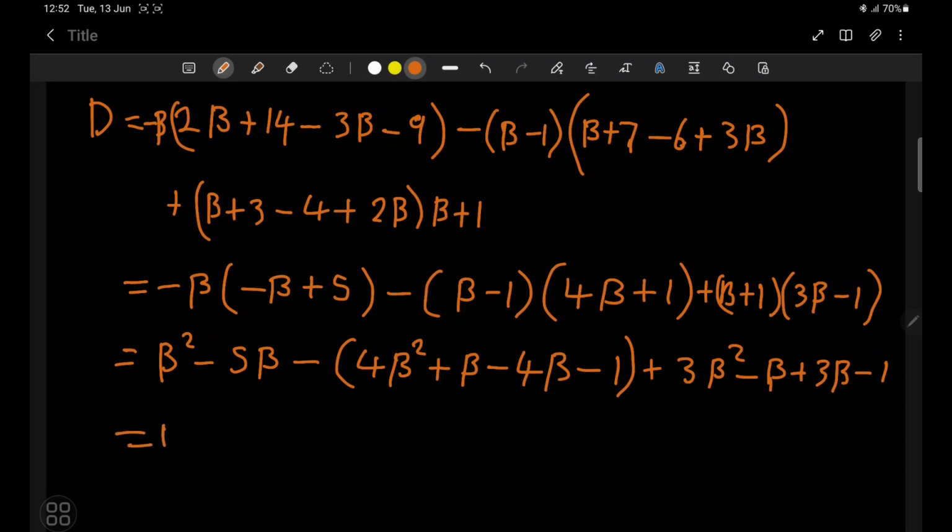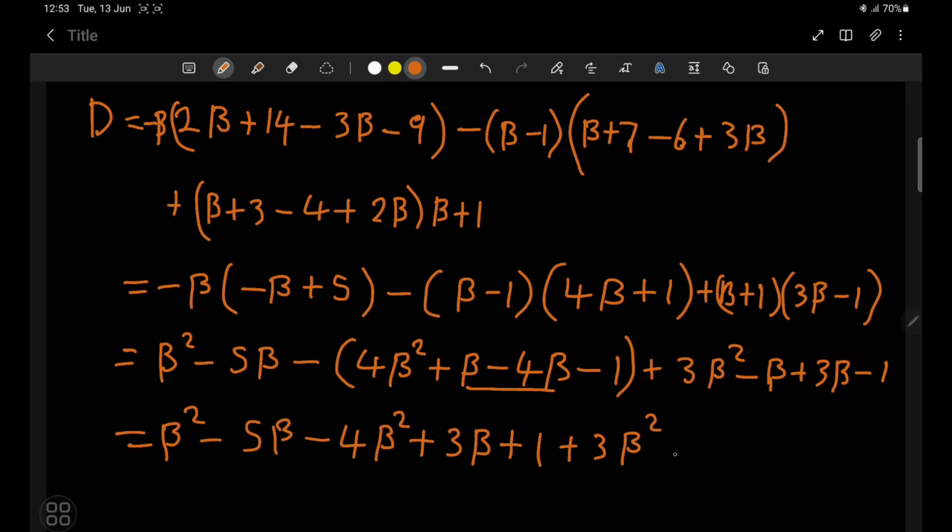Then we simplify it again. This here will give us a negative 3 beta. So negative by 4 beta squared will have negative 4 beta squared. Negative by this negative 3 beta will have a positive 3 beta. The negative by negative will have a positive 1. In this other side, we're having plus 3 beta squared. Negative beta plus 3 beta will have 2 beta, then minus 1.